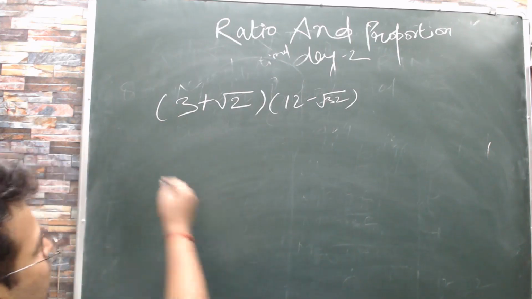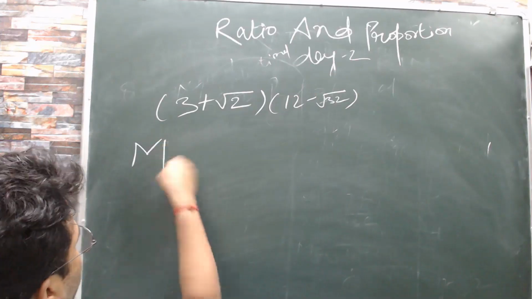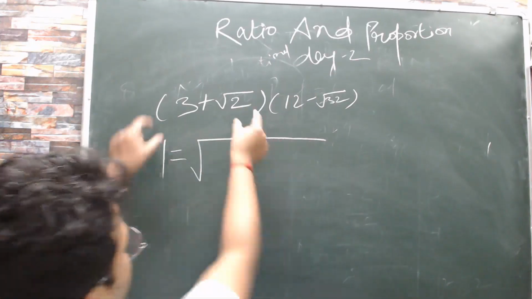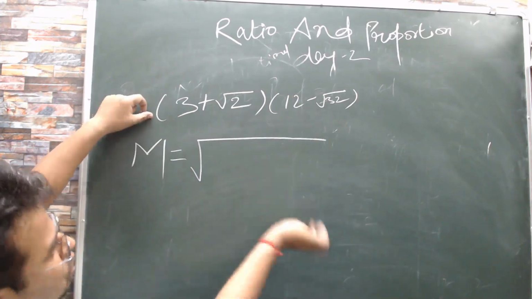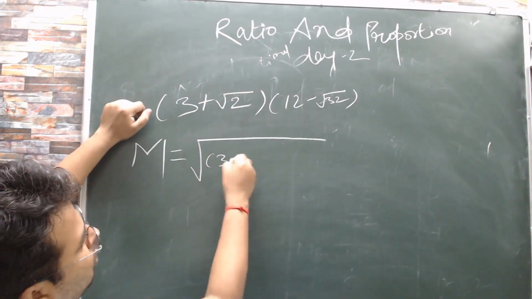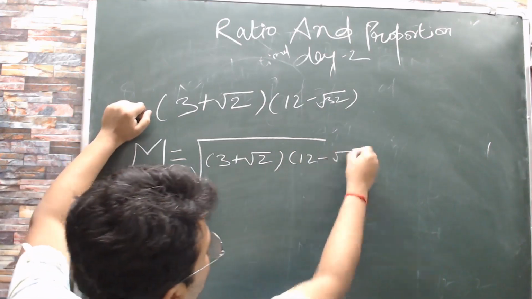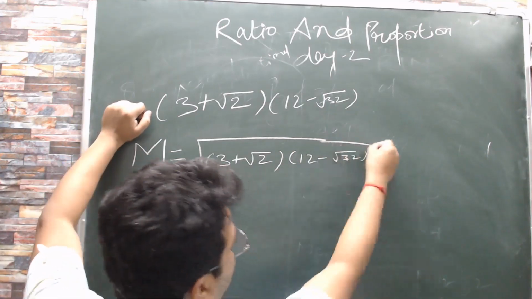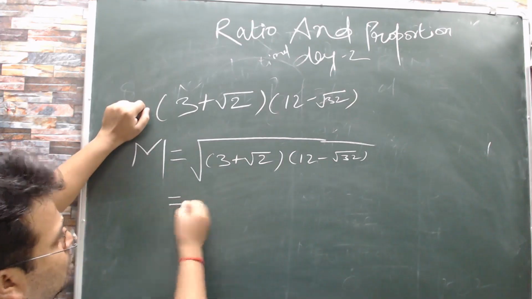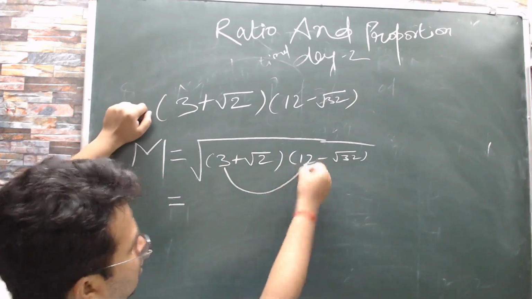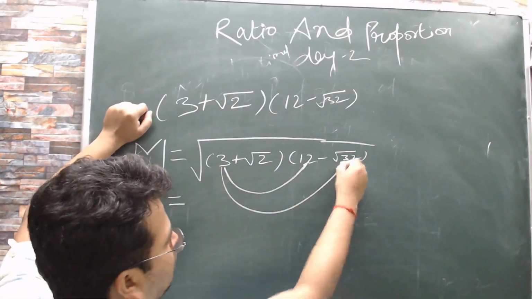So how can you find the mean? See here. The mean is this one and this one under root. So 3 plus root 2 and 12 minus root 32, right? So see here, how you can open the bracket: multiply this one here and then multiply here.